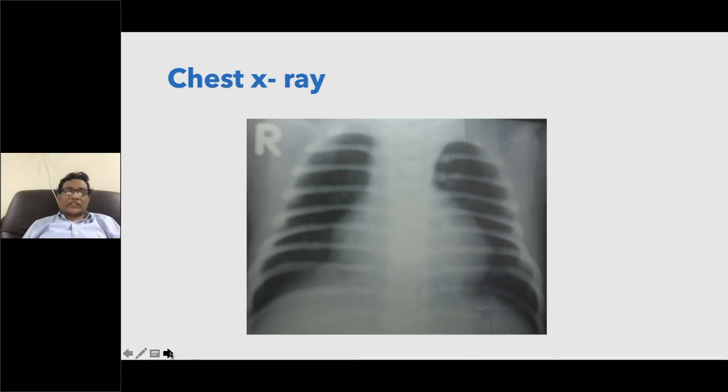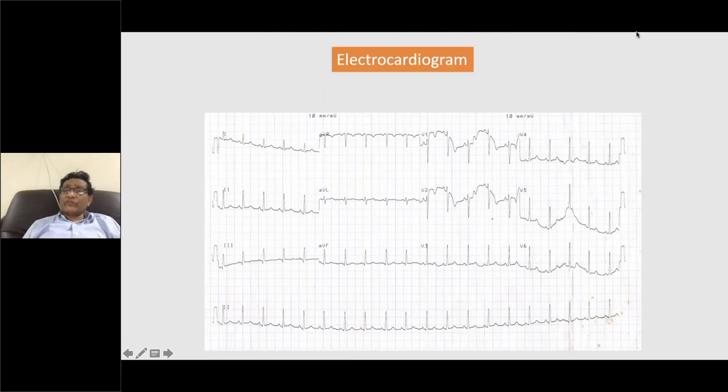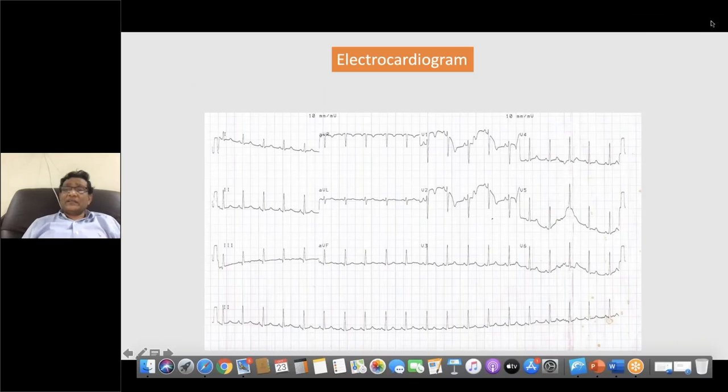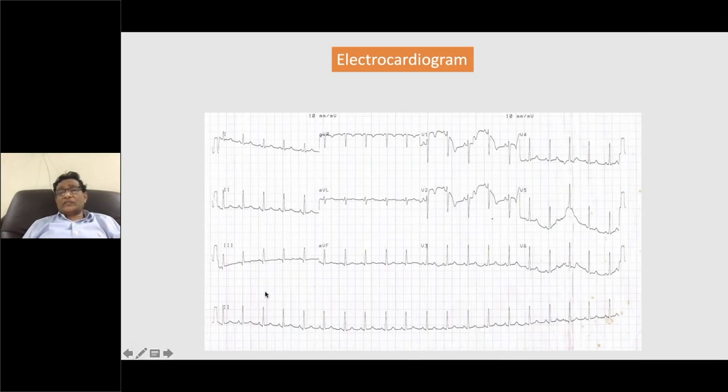that obviously suggests a pulmonary outflow tract obstruction. If you take the ECG and give it to an adult cardiologist without telling the age group, they will tell you it's a normal ECG, because here you can see there is no R wave in V1 and there are good S waves in V5 and V6. It's totally like an adult form of ECG.